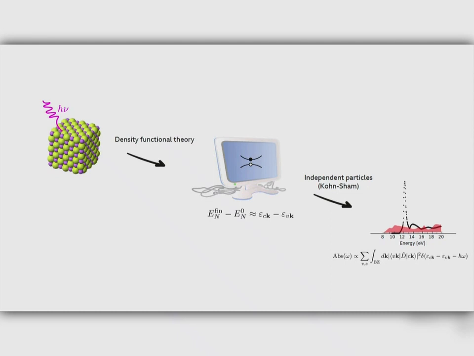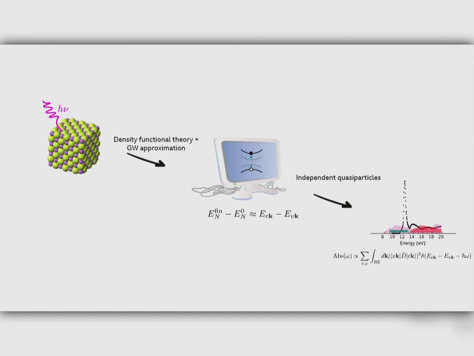This is really an independent particle approach. What you obtain here in red is very similar to the joint density of states with Van Hove singularities, and you can see that the onset of the spectrum is really too low, and this can be traced back to the band gap problem in density functional theory.